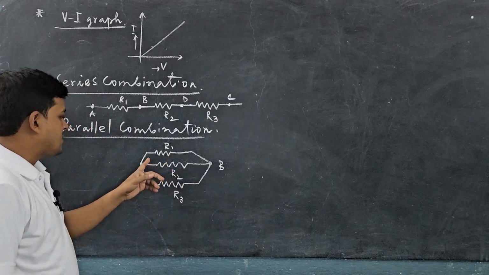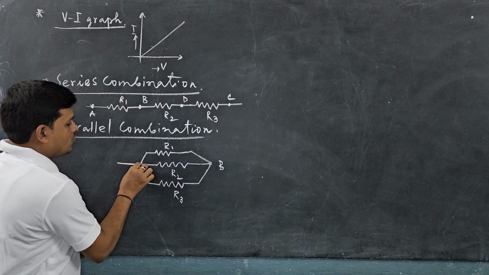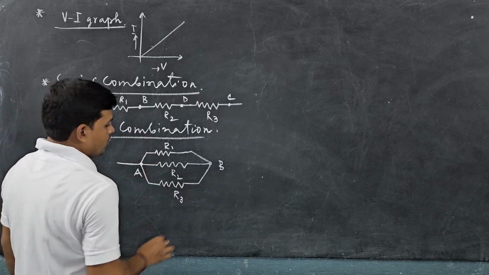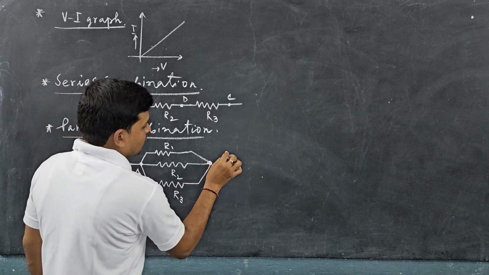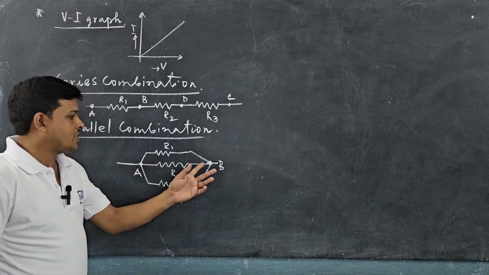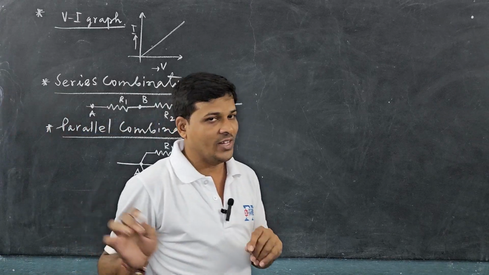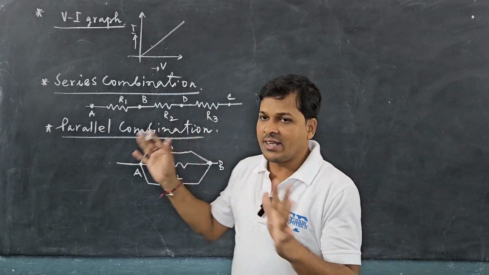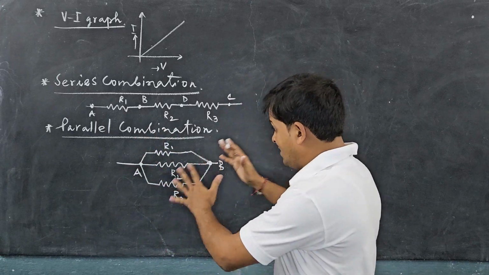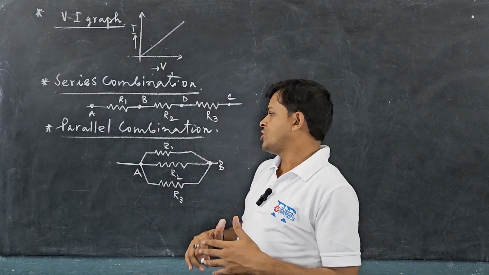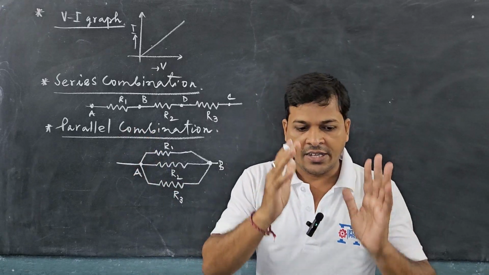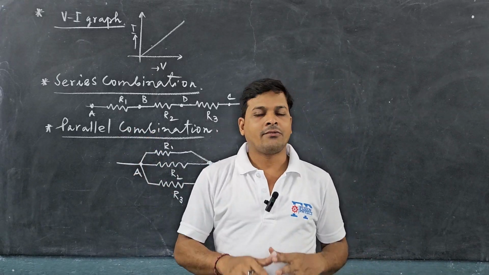Here these three resistors are connected across the two fixed points, that is the starting point A and the end point B. If electric cells or other electrical circuit components are connected in this way, they are also considered to be a parallel combination, like the electric cell, the electric bulb, etc.